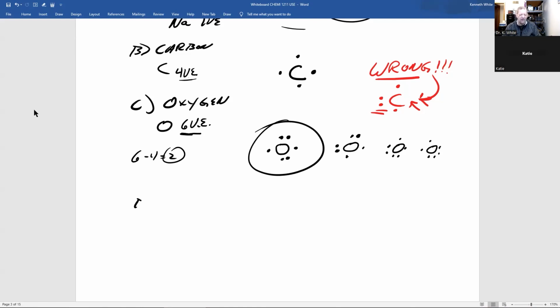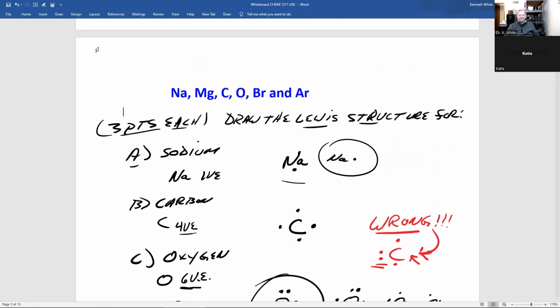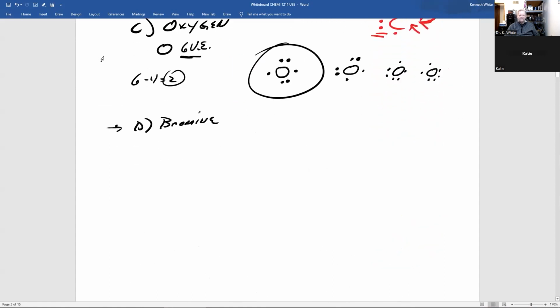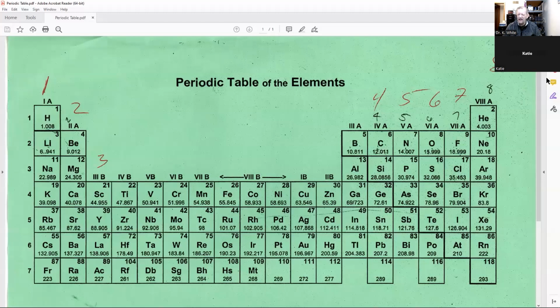Oh, let's do one more. And the question is, draw the Lewis structure for bromine. Now, you need to know bromine has the chemical symbol Br. You don't have to memorize valence electrons for the elements.